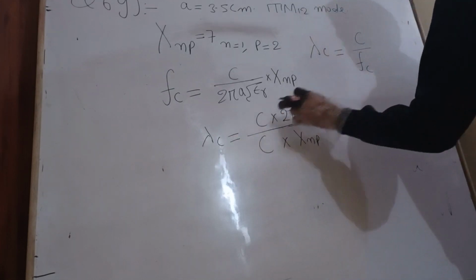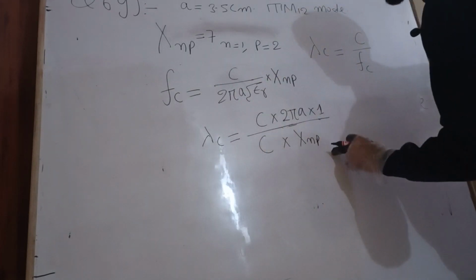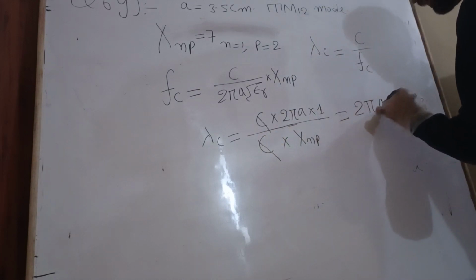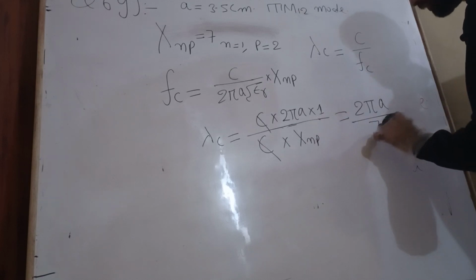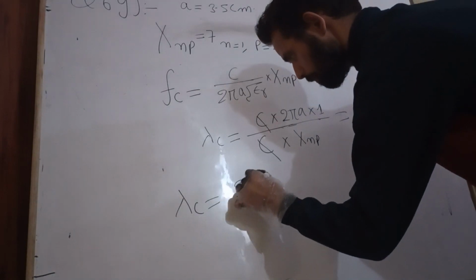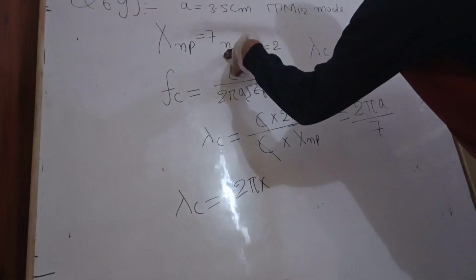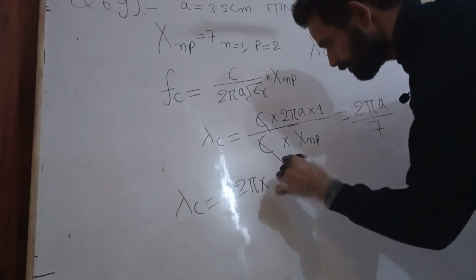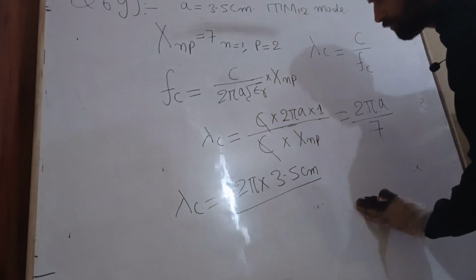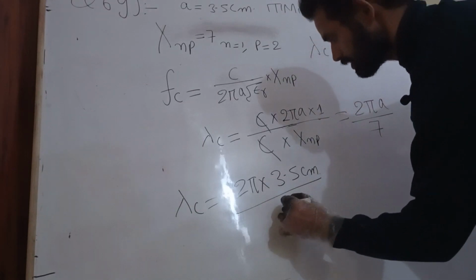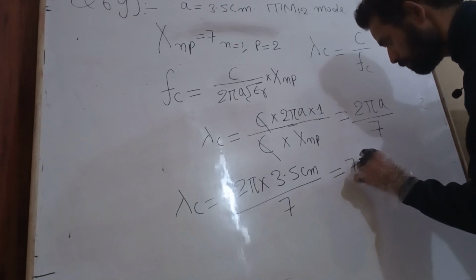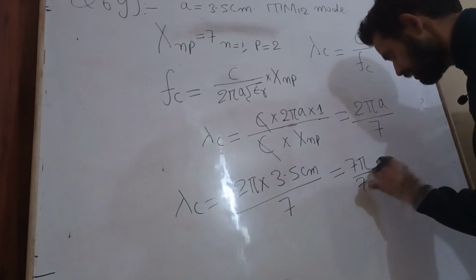So lambda c is equal to c by fc. The c gets cancelled and we are left with 2 pi a divided by x_np, which is 7. Now a is given as 3.5 centimeter, and x_np is 7, so this is 7 pi by 7 centimeter.